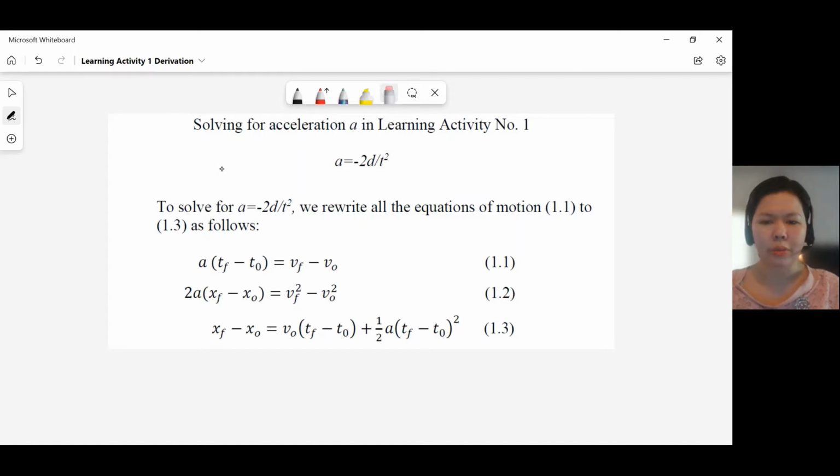And equation 1.3, xf minus x naught equals V naught times (Tf minus T naught) plus 1/2 A (Tf minus T naught) squared.